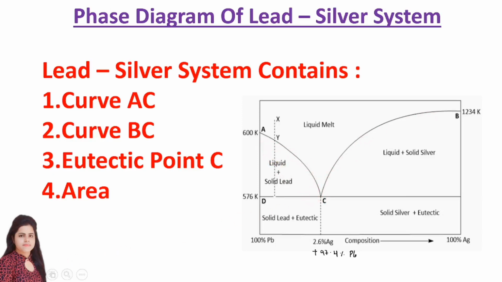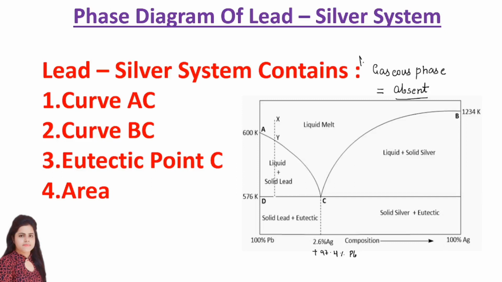One more thing we have to understand, that is the condensed phase rule or reduced phase rule. Why are we using this reduced or condensed phase rule here? We have to understand that in this case the gaseous phase, or the vapors, are absent.